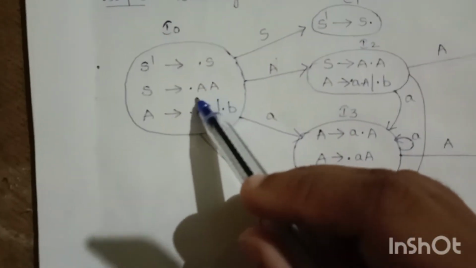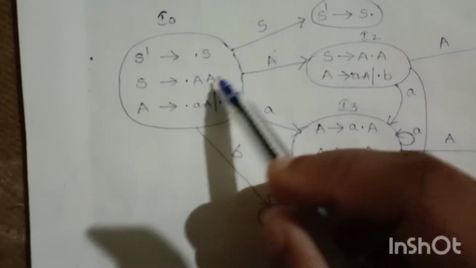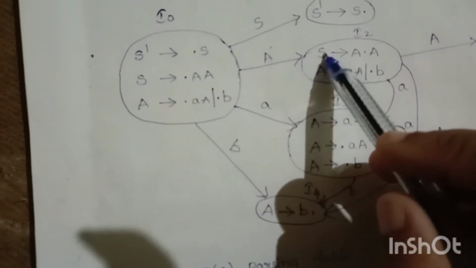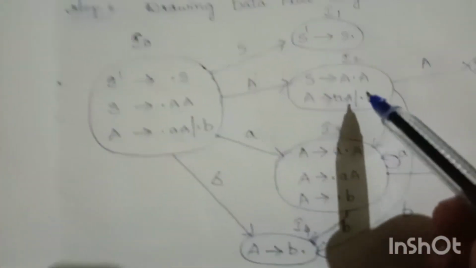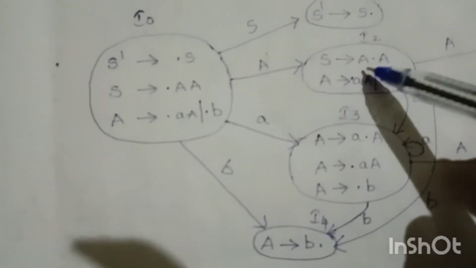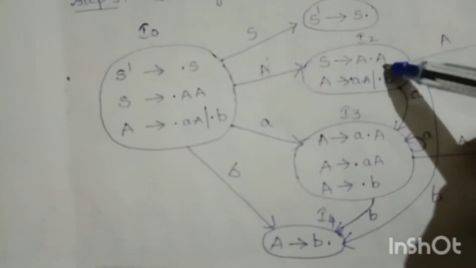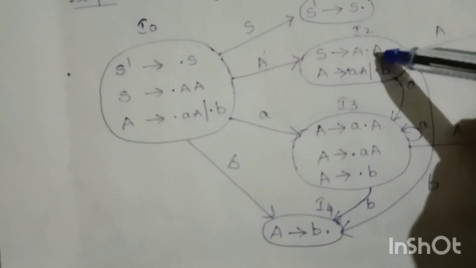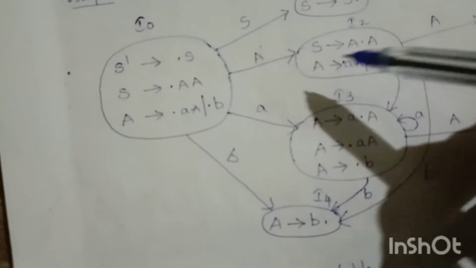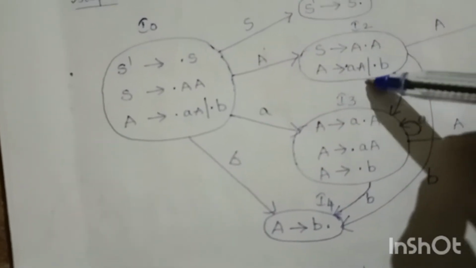And next, on state A, it becomes S tends to, and we can shift the dot only one symbol at a time. Okay, so it becomes S tends to A dot, again A. So after the dot, if there is a non-terminal, whatever productions we have for that non-terminal, we need to write in this state.